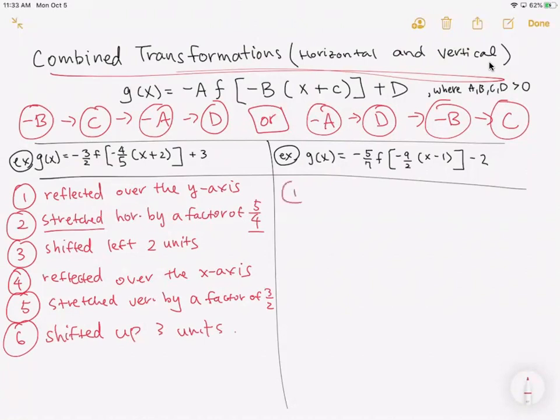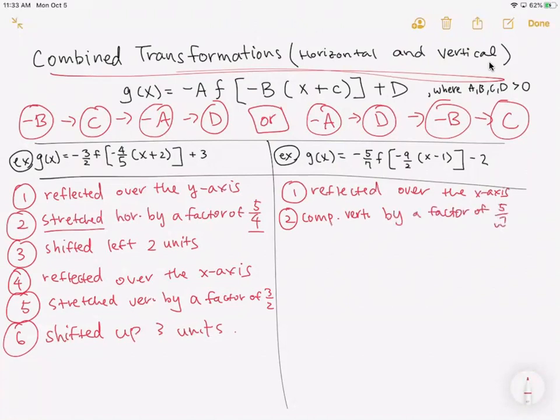Now let's do negative a, d, negative b, c part in that order. For our second example, I'm going to do reflection first, but you can do the 5/7 first, it doesn't matter. So f of x will be reflected over the x-axis and will be compressed vertically by a factor of 5/7.